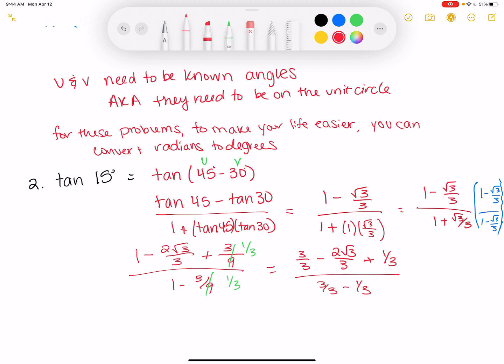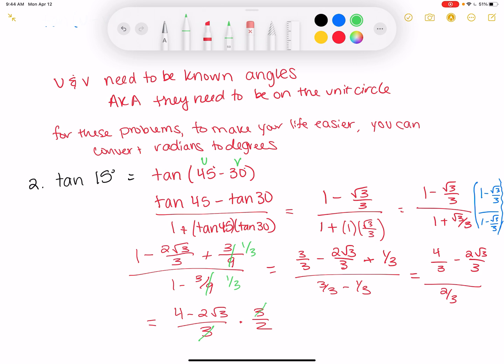Alright, so then on top, this is going to simplify into 4 over 3 minus 2 root 3 over 3, all over 2 over 3. So on top, I can combine this to be 4 minus 2 root 3 over 3. I can multiply by the reciprocal, because I'm dividing by a fraction, so times 3 over 2. 3's cancel.